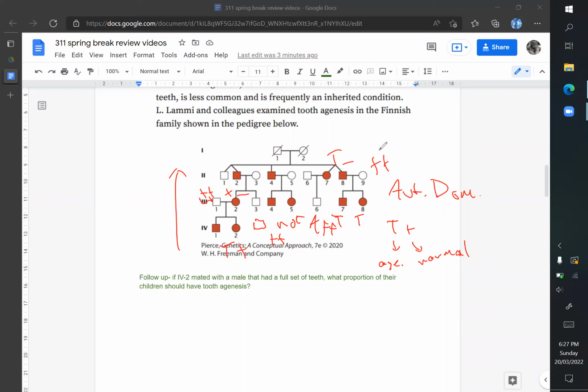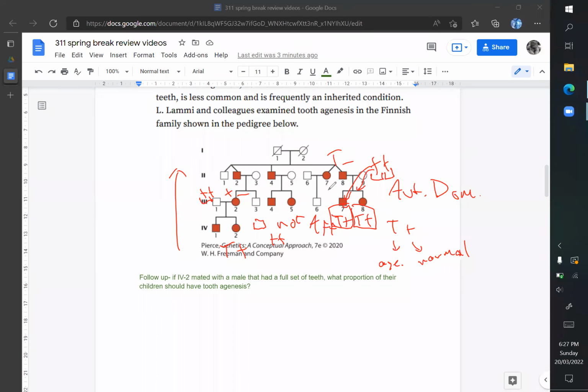They can't have any dominant alleles, otherwise they would be affected. And because this individual can only give one kind of allele, the normal teeth allele, they definitely pass this on to both of their children. This is the only thing they can pass on. So individuals 3-7 and 3-8 would be heterozygotes. And so you can just work from any individual upwards.